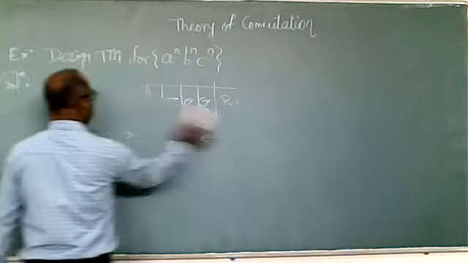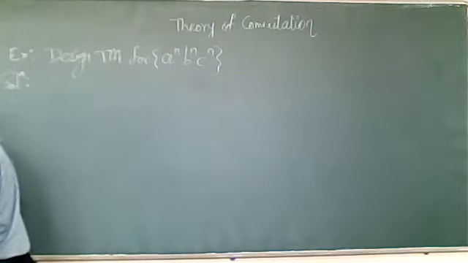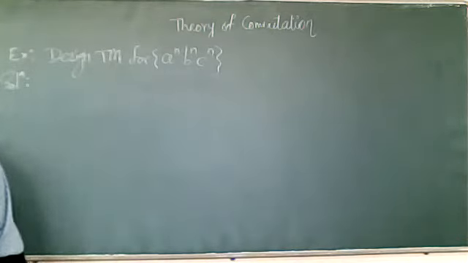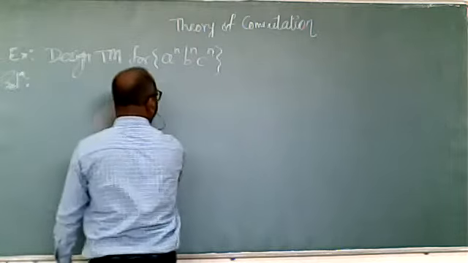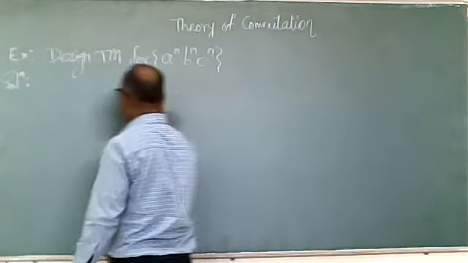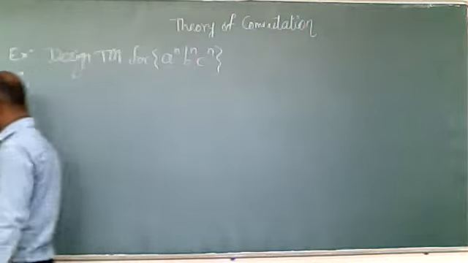Okay. So now we'll design the Turing machine. First of all, the logic should be clear. When we are designing the Turing machine, we have to take some input, and with the help of that input, we will design the Turing machine by applying the logic.